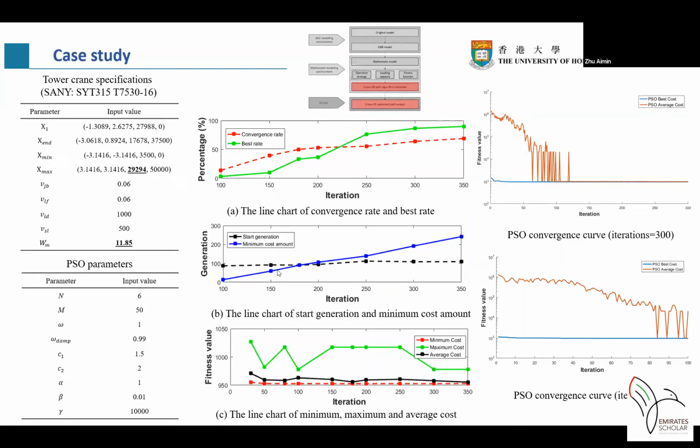And figure B shows that PSO starts to converge when the generation reaches 100 or so. Therefore, the minimum cost amount decreases nearly linearly. And figure C illustrates the difference of minimum, maximum, and average cost among various iterations, indicating that PSO is very stable.